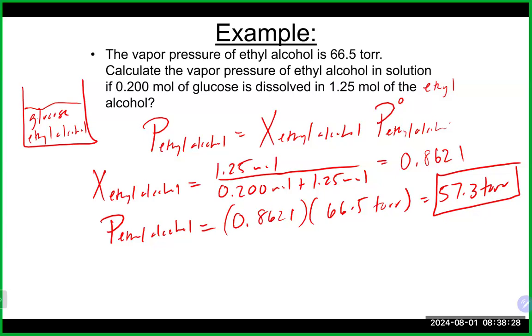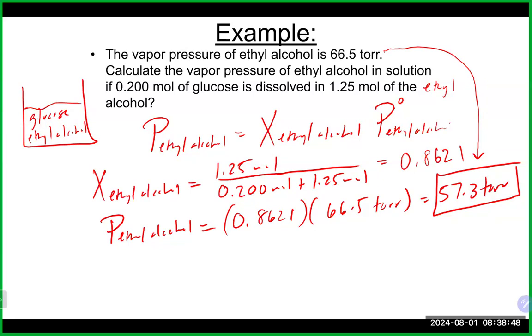We do see that the vapor pressure of pure ethyl alcohol by itself was 66.5. With the presence of glucose in there, it drops the pressure of the ethyl alcohol to 57.3, which is the vapor pressure lowering part of it.